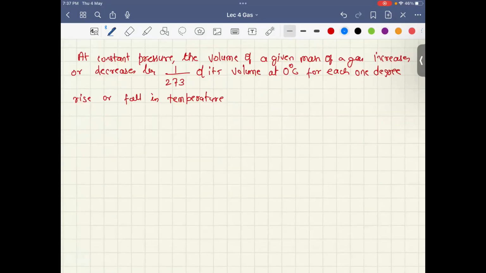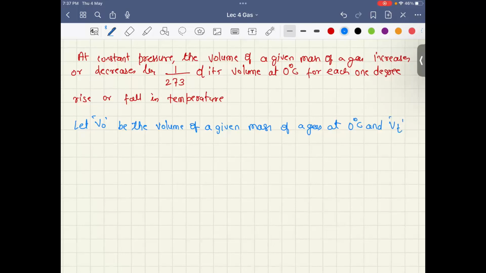Let V0 be the volume of a given mass of a gas at 0 degree centigrade, and let Vt be its volume at any temperature T degree centigrade.